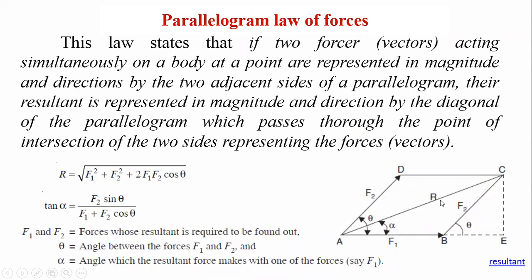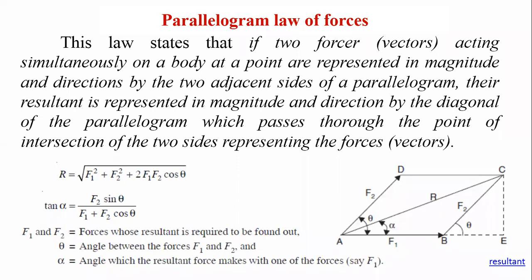And how to find this R? By using this formula. R is the resultant force. The effect of these two forces will be produced by this resultant force R. And how to find it? By the analytical formula derived from the parallelogram law of force.